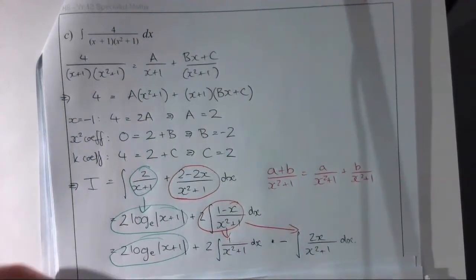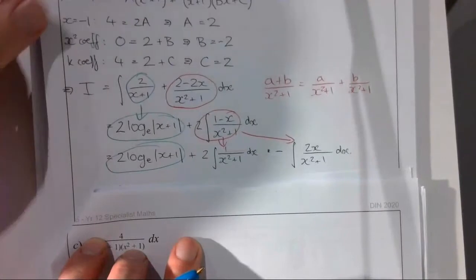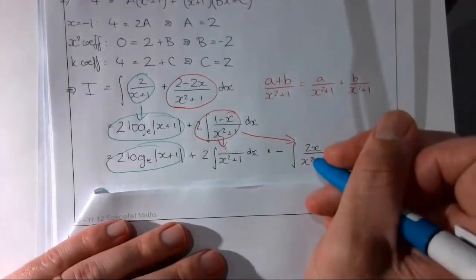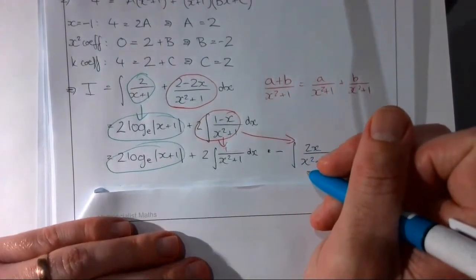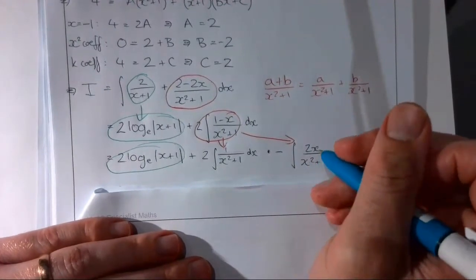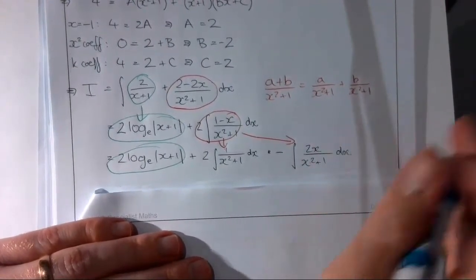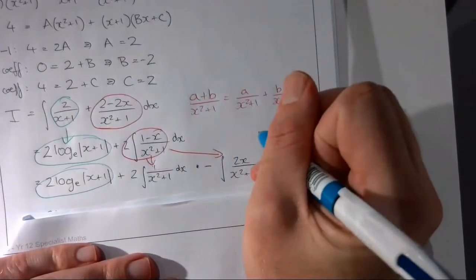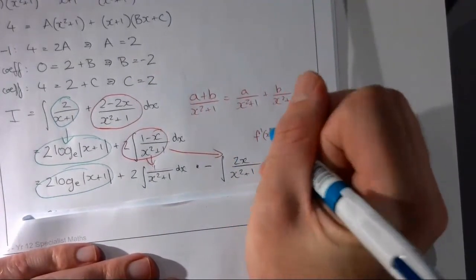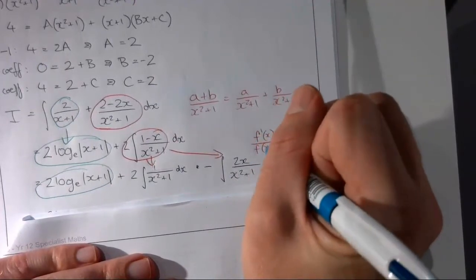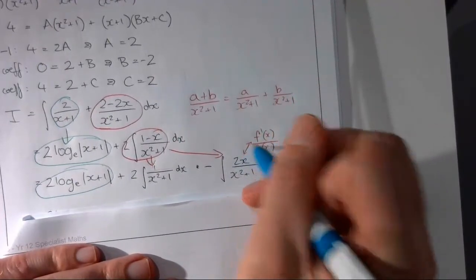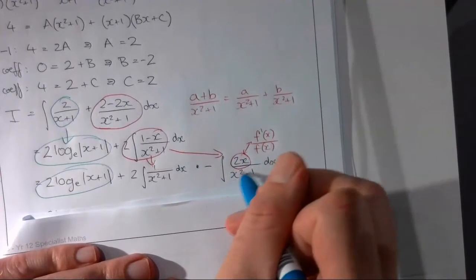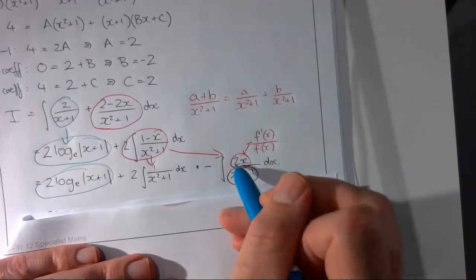And then here's the thing, when I'm trying to find a log, I need the numerator to be the derivative of the denominator. And in this case here, that fraction is like f dash of x over f of x, because the numerator is the derivative of the denominator.